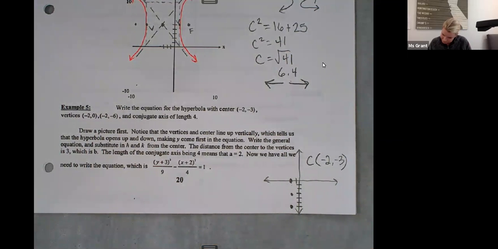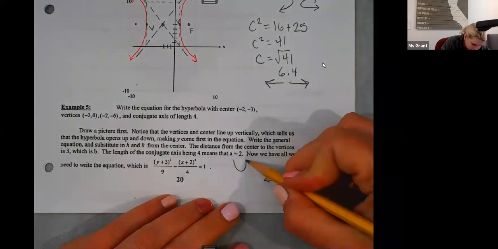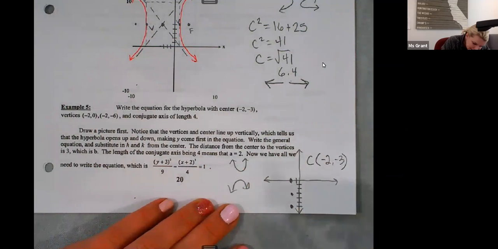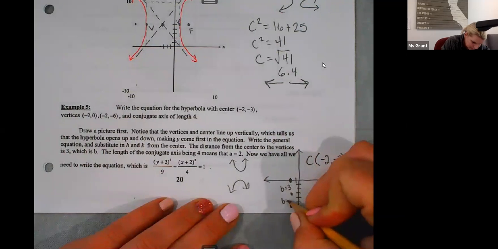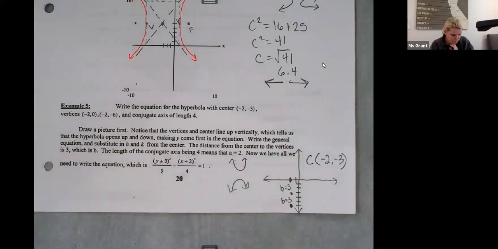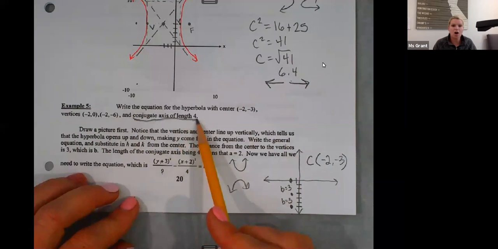And check this out. By the way, this is going to open up and down, obviously. That means that this is 3 away. My b equals 3. Because isn't b below the y? Here's how I find a: the conjugate axis.